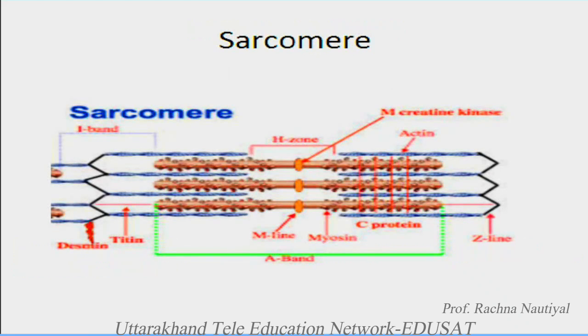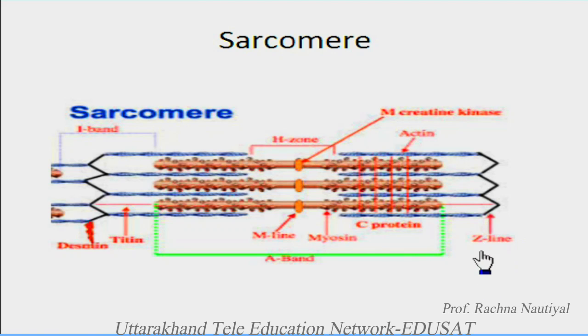Now next, this is a bigger picture, a more detailed view. You can see again these are the myosin, the darker bands. This is the A band, which is a myosin band, and these are the actin thin filaments.